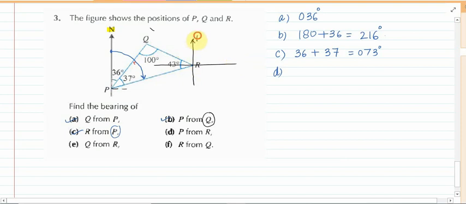That is north, right? Till that north I am going till the point P. So find the bearing. This angle is unknown, right?